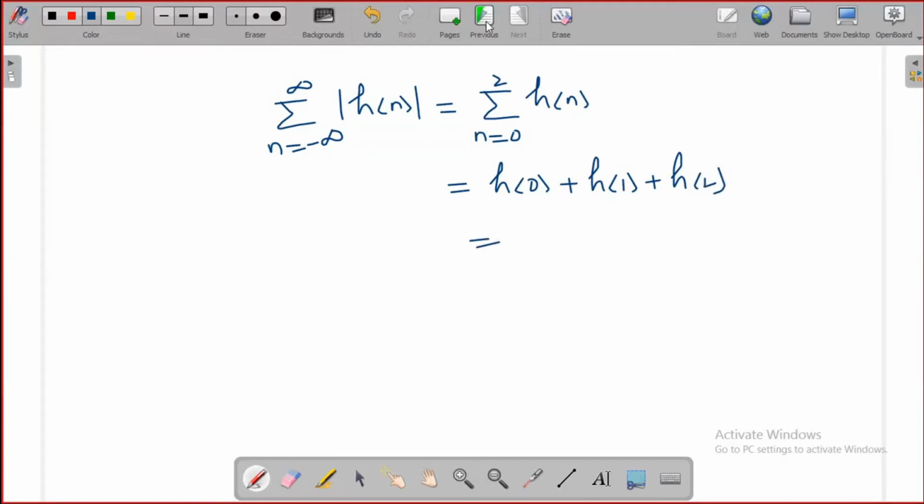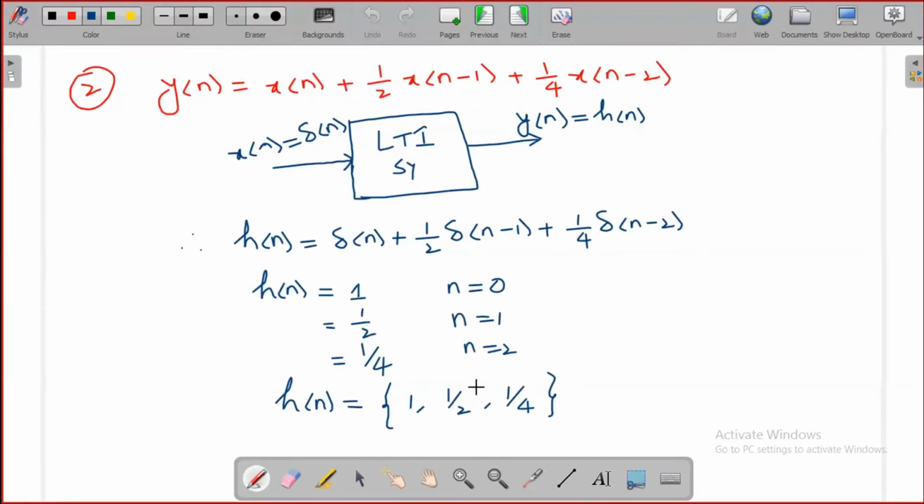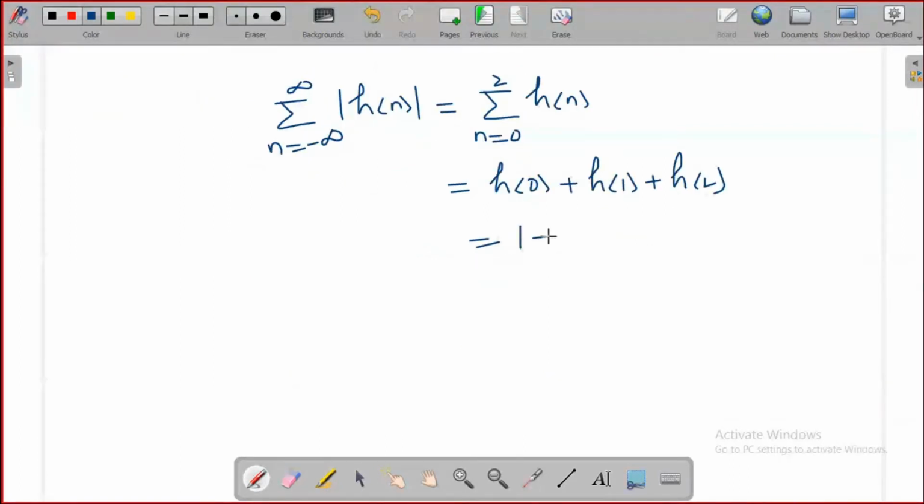That is 1 plus 1 by 2 plus 1 by 4. Now its value is 7 by 4.